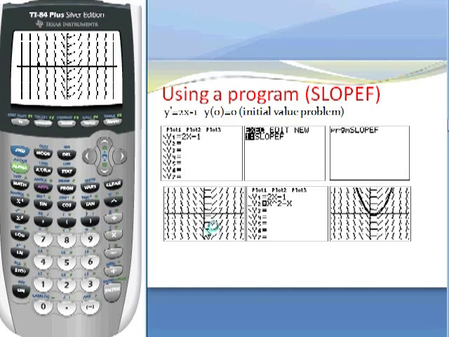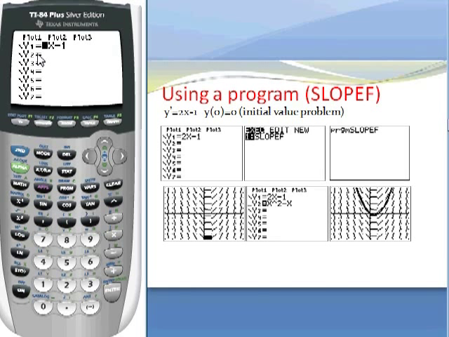And remember how it looked like. Let's say my initial value problem is y of 0 is 0. Remember when I solved this differential equation by hand, I get x squared minus x plus c. So let's enter that, x squared minus x plus c.